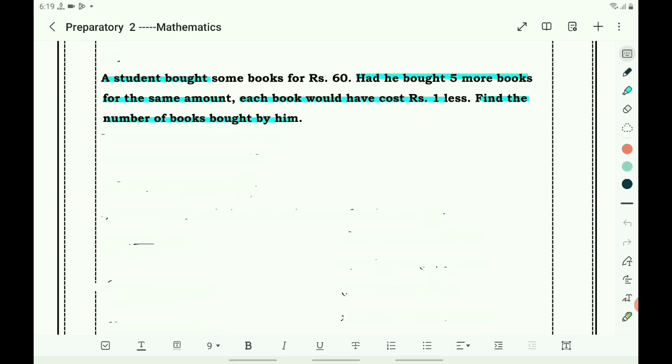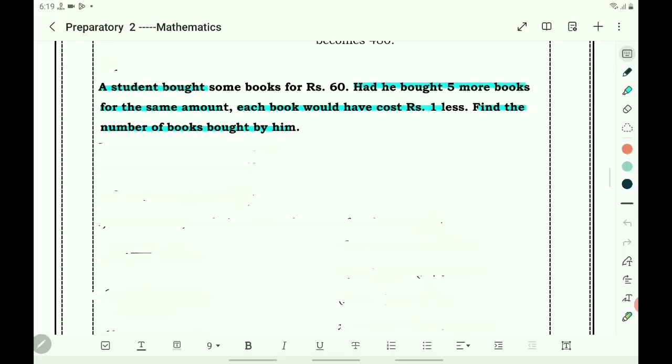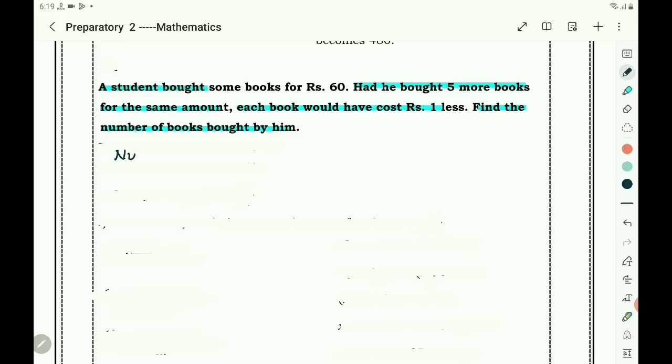Let us consider the number of books bought by him equals x. Number of books bought equals x.